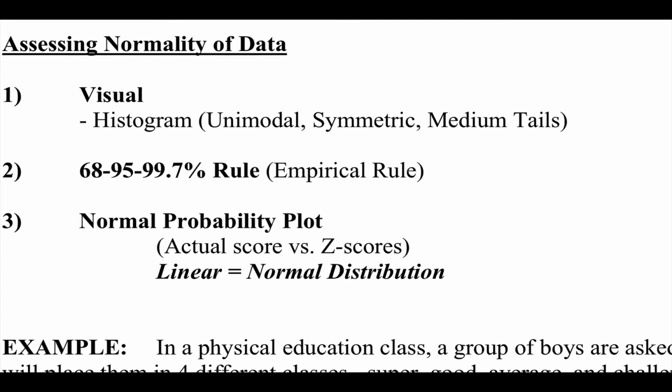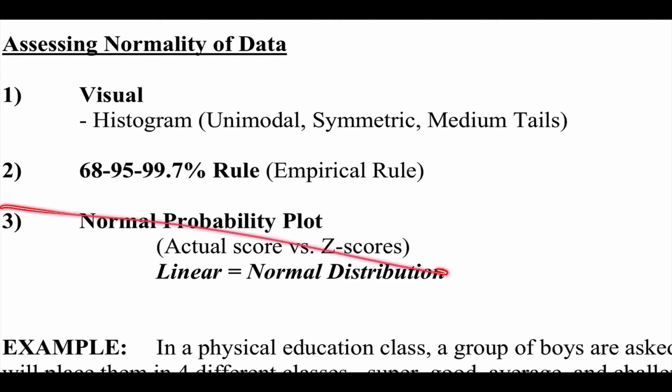there's 3 ways to do it. A is visual, right? Make a graph. You guys did that, right? The other way is the empirical rule. 68% of the data is within 1 standard deviation, 95 is within 2, 99.7 is within 3. Checking that rule, right? The last one, don't worry about. It's normal probability. I left that on there because it is a way, but they don't test it anymore.